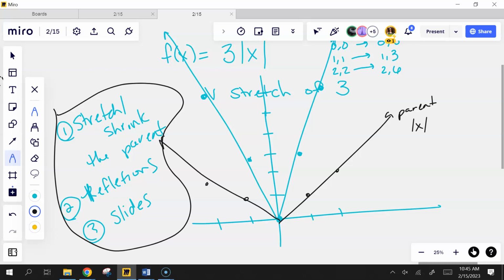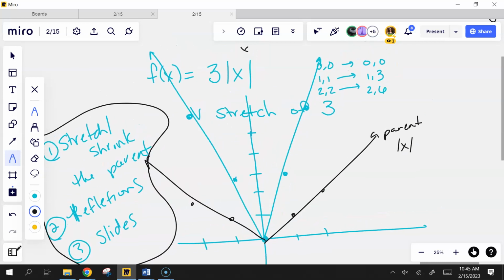So remember it's x, y becomes x, a times y. Your a is 3, so every y gets multiplied by 3.